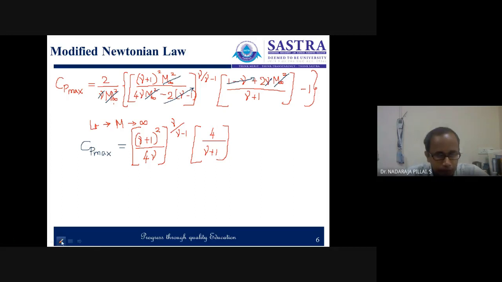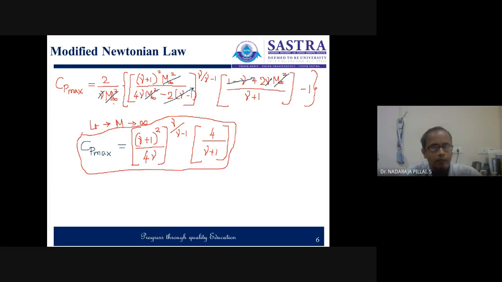So Cp max is equal to this particular value: gamma plus 1 the whole square by 4 gamma, the whole power gamma by gamma minus 1, into 4 by gamma plus 1. Now we already know gamma. What is gamma? It is Cp by Cv, and let us write gamma equal to 1.4.